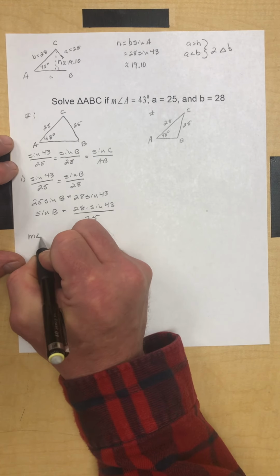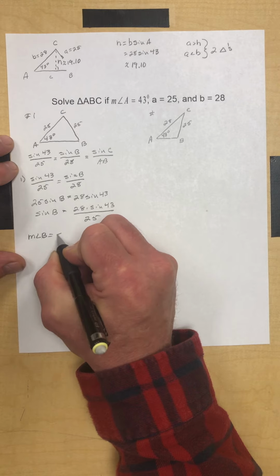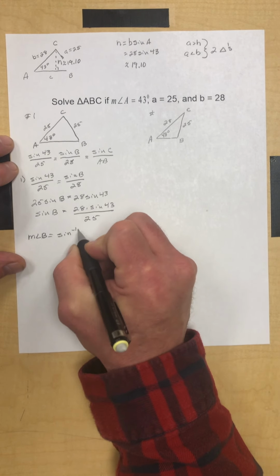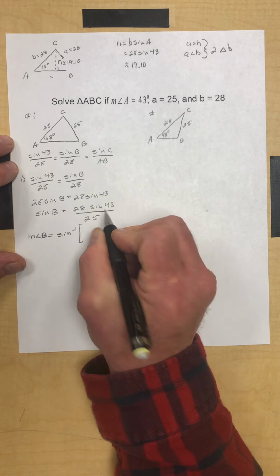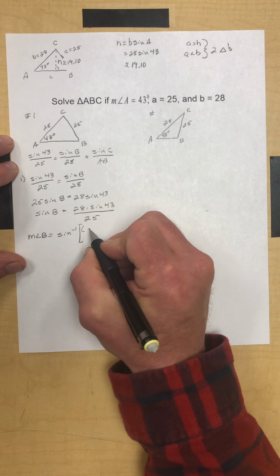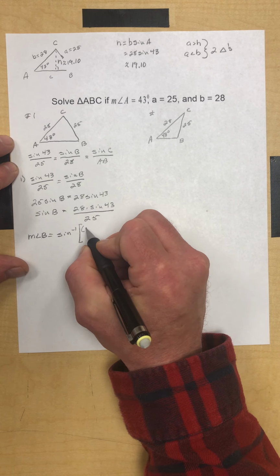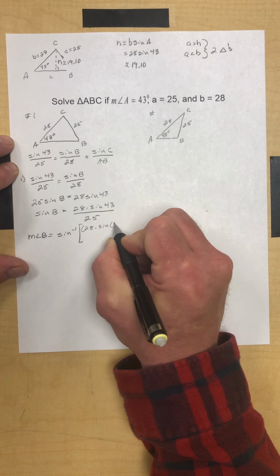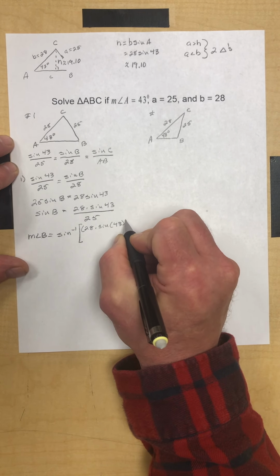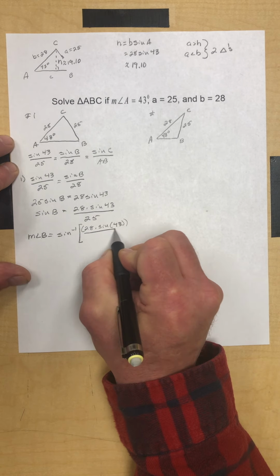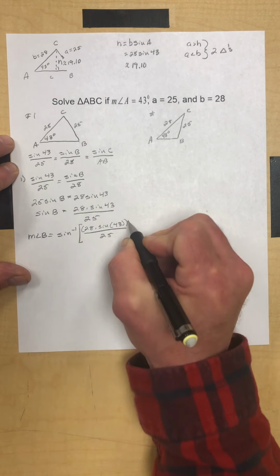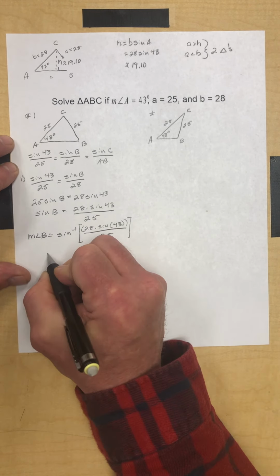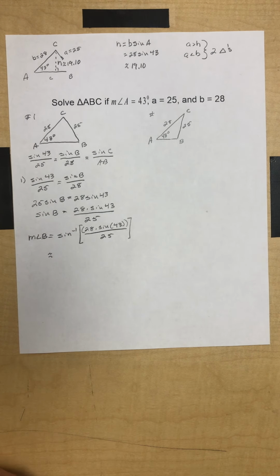So the measure of angle B will be sine inverse of this entire ratio. I separate the numerator from the denominator: 28 times the sine of 43 degrees, all over 25, and then I just input that into the calculator. So, second, sine inverse.